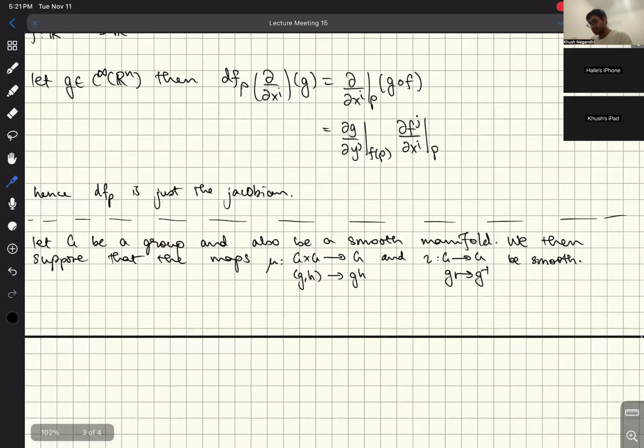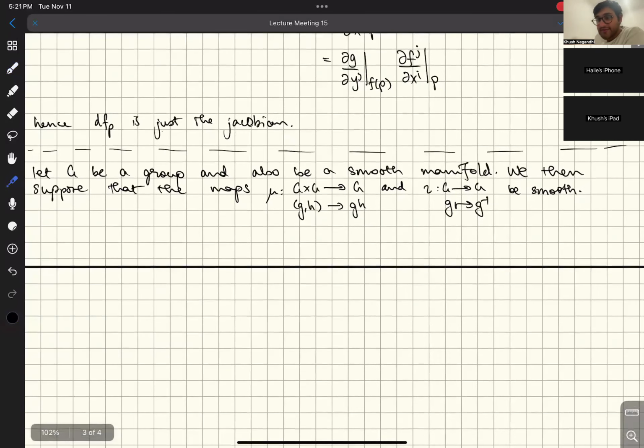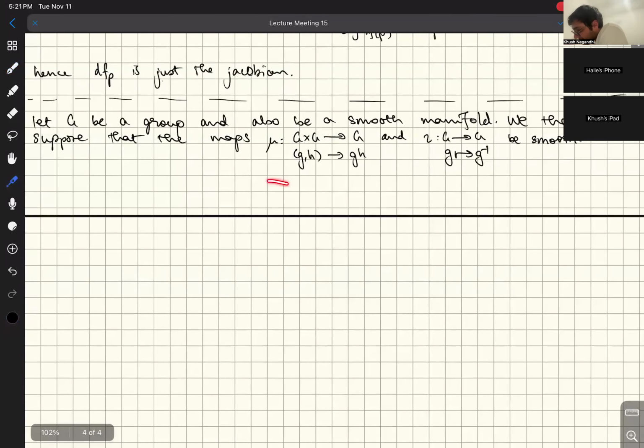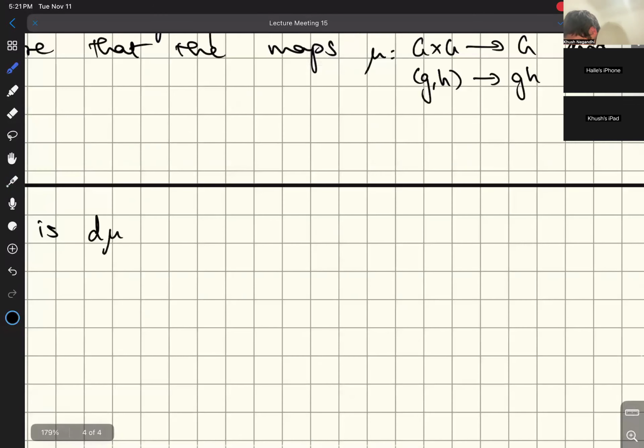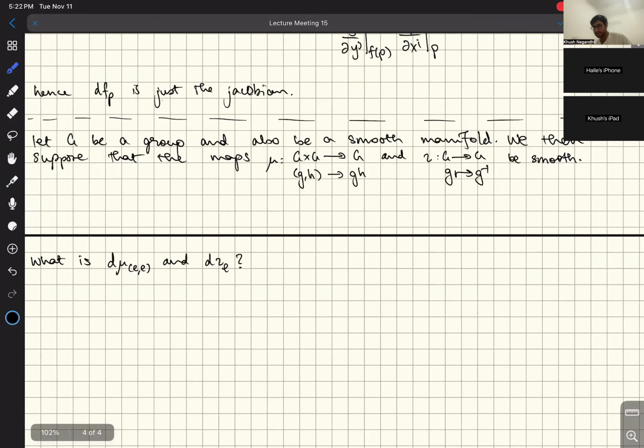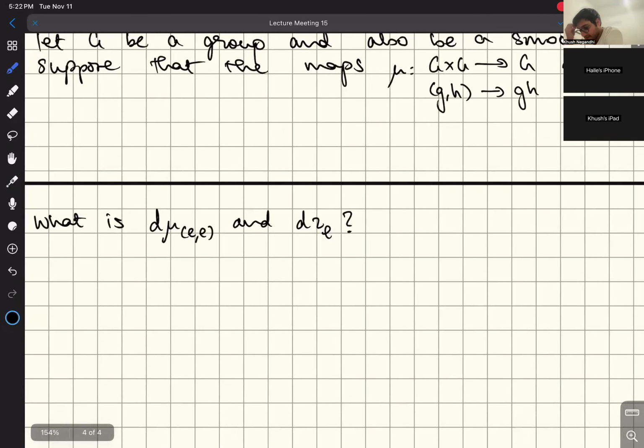With this, let's try to compute the differential of these two maps, because with any Lie group, these two maps are the canonical maps given with the Lie group. So what is d mu, let's just do it at the identity, and d iota at e. To do this, we're going to try to find a curve.